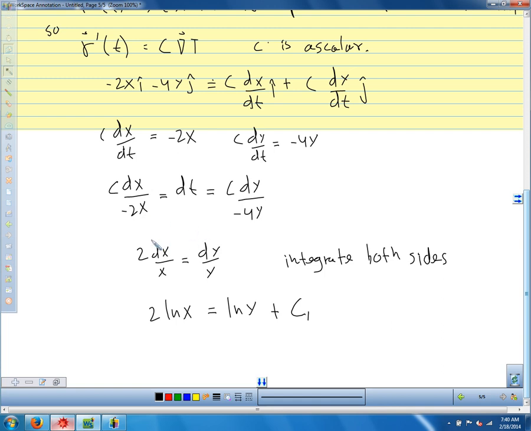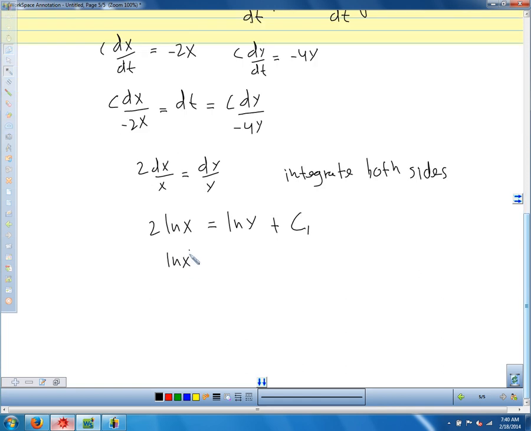And now what can I do with this equation? How do I get x as a function of y? I don't want the natural logs in there. Take it to the e. I need to do one thing here first. Natural log of x squared equals natural log y plus C1. Now I exponentiate both sides.